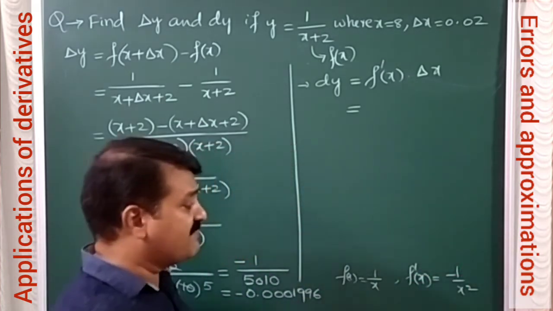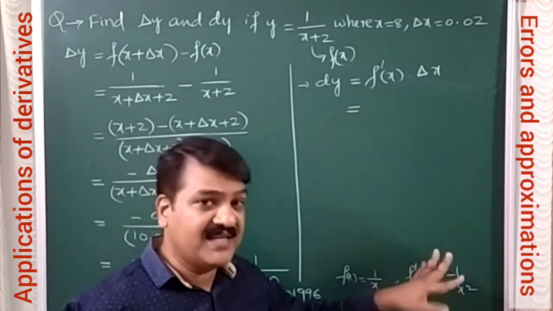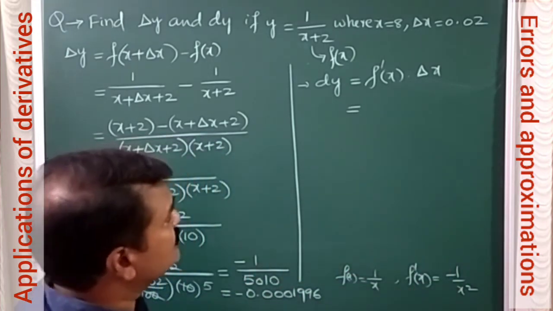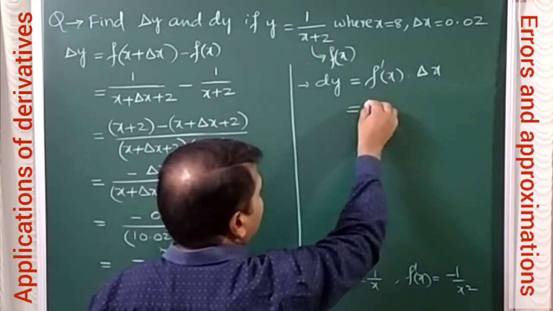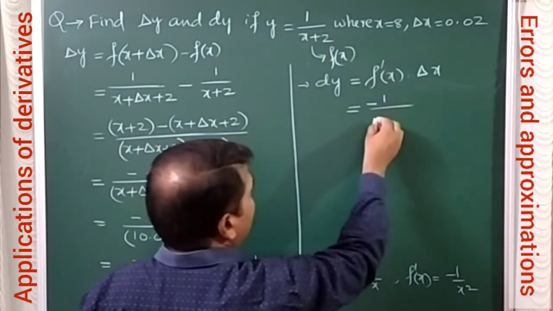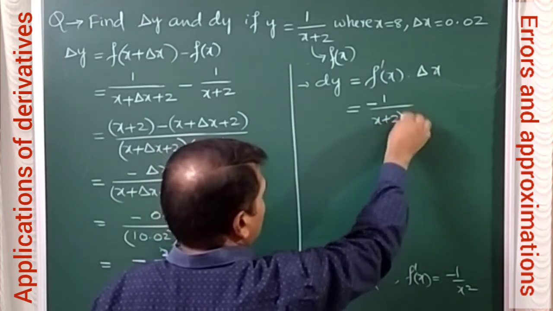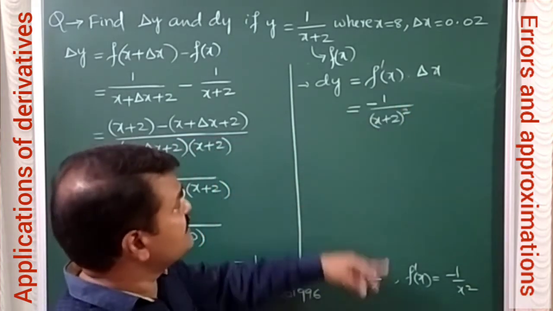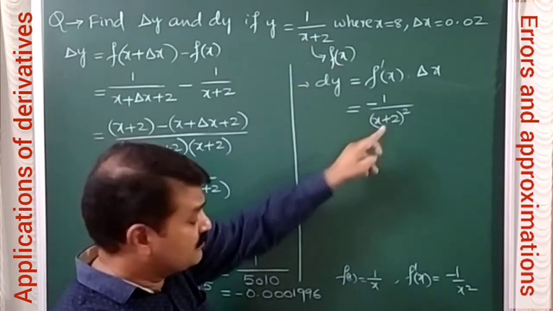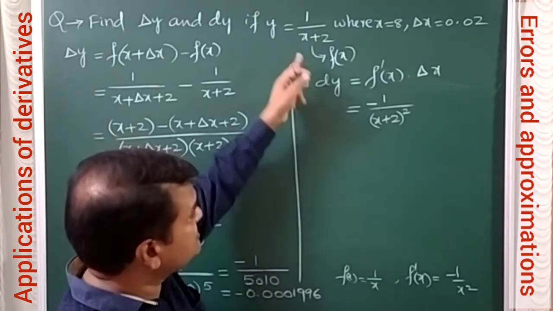So derivative of 1 by x is minus 1 by x square. So f dash of x is minus 1 by x plus 2 whole square. That is, instead of x we have x plus 2 here.